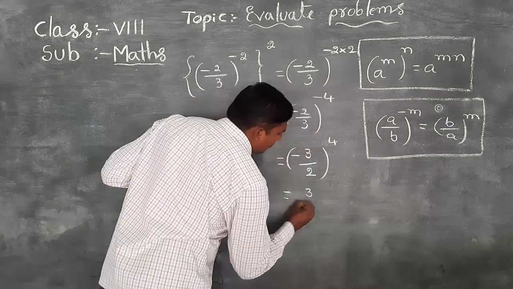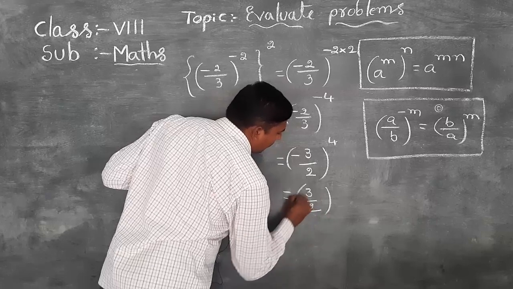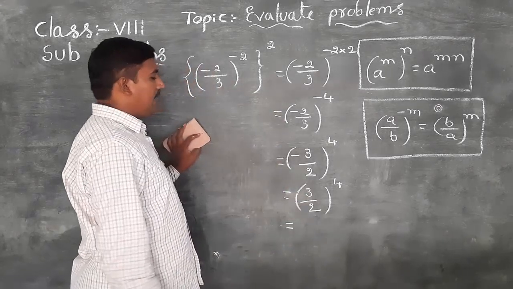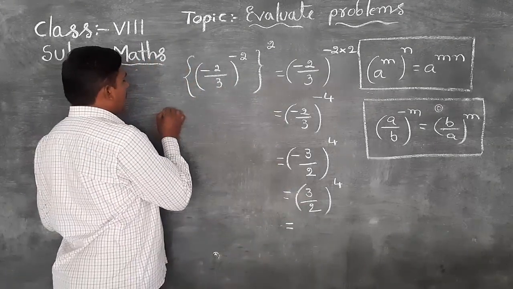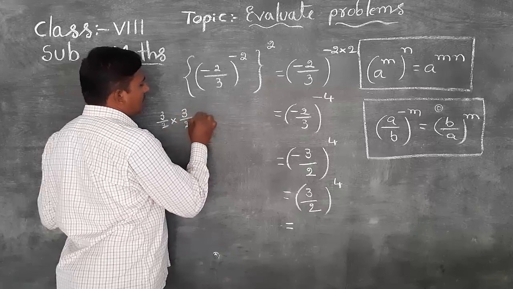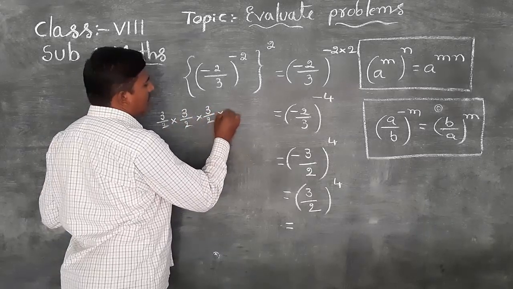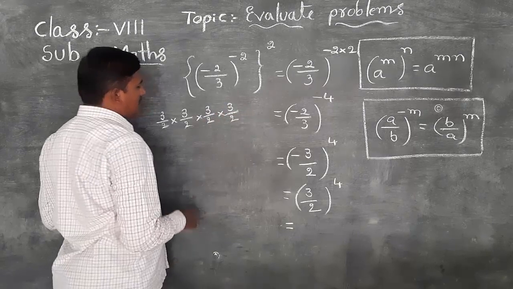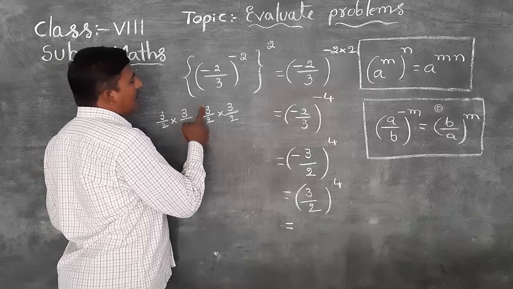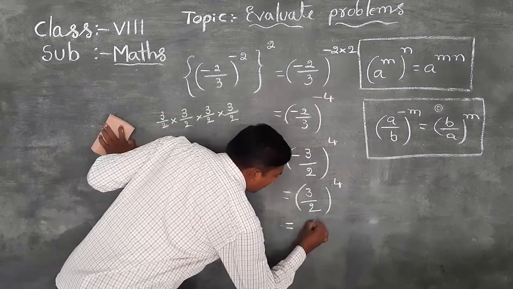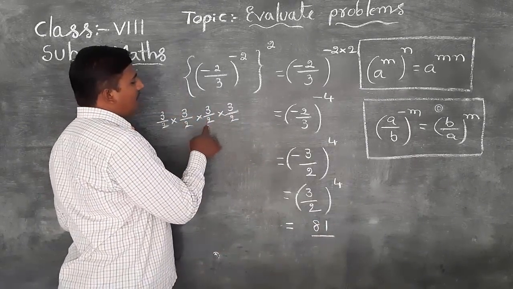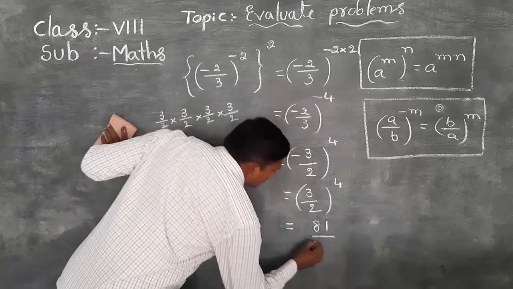So it is equal to 3 by 2 power 4. 3 by 2 power 4 means 3 by 2, how many times to multiply? 4 times. 3 by 2 into 3 by 2 into 3 by 2 into 3 by 2. 3 3s are 9, 9 3s are 27, 27 3s are 81. 2 2s are 4, 4 2s are 8, 8 2s are 16.